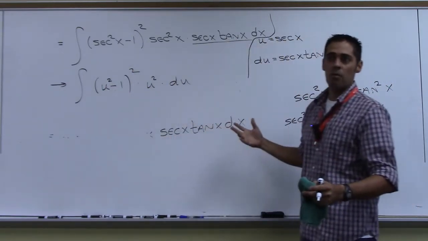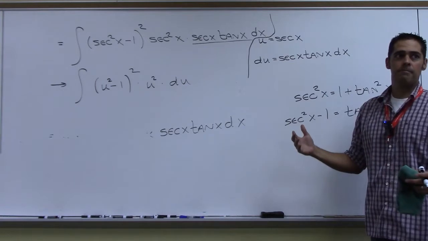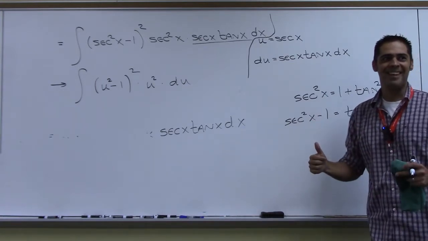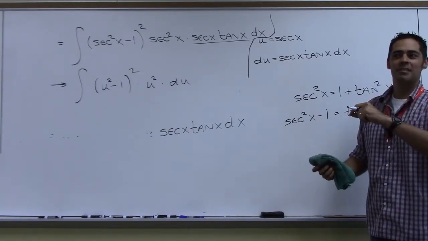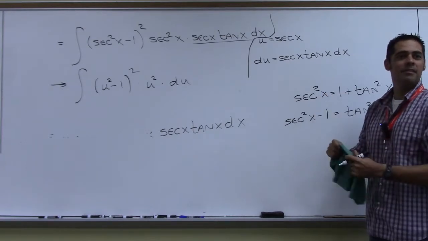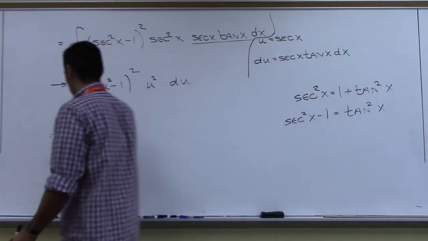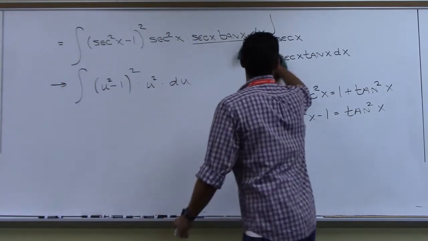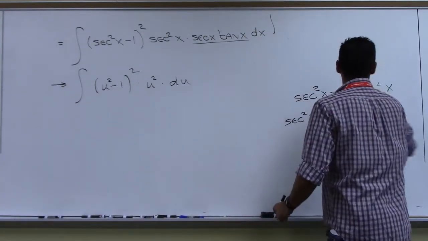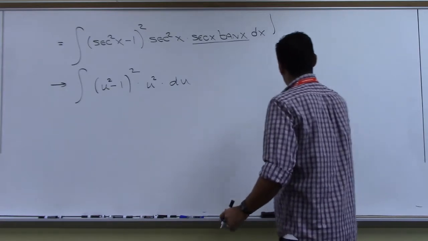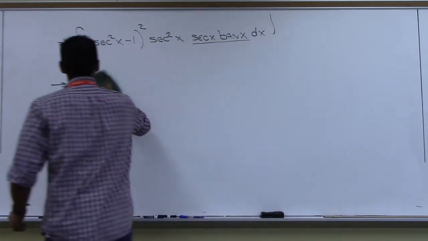Then integrate with the power rule. Yes? Yes or no? Because I can do it if you want, but we're okay? All right, so that's basically the gist of this whole method.